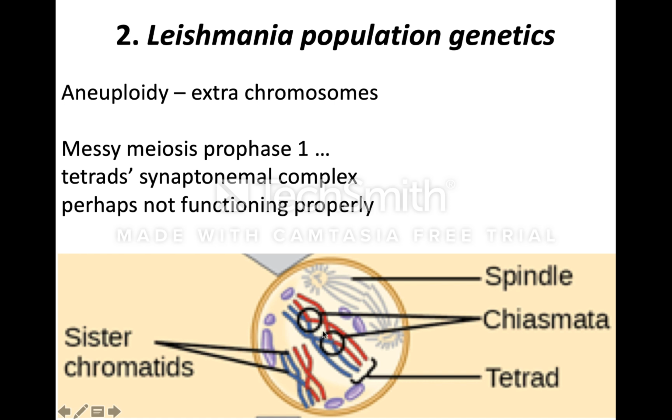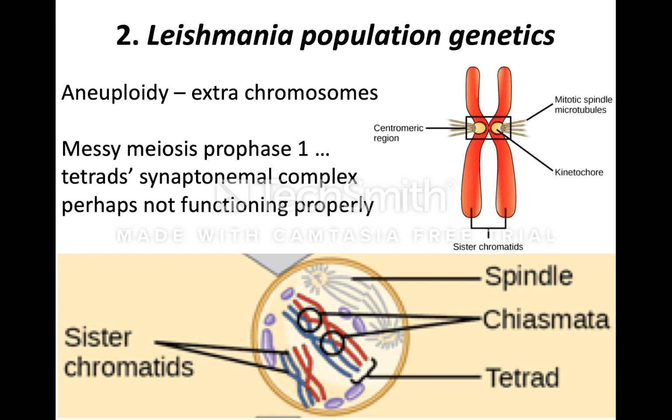We have the chiasmata joining the tetrads together, and we expect that two chromosomes should segregate and be pulled towards the poles of the cells away from each other. But that's not the case for Leishmania. Sometimes we get some sort of 1:3 ratio instead of the 2:2 ratio that we should expect.